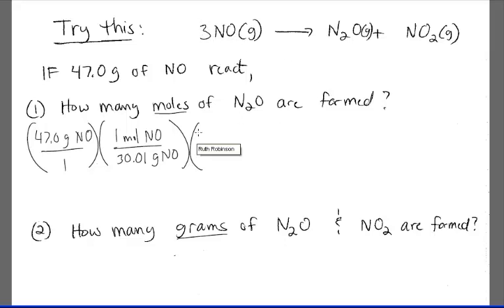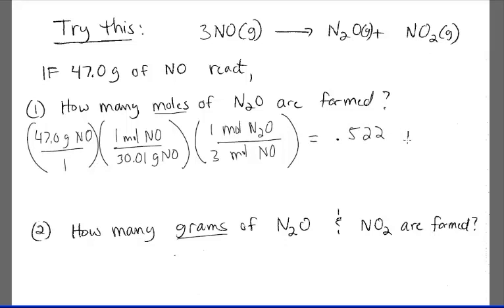All right, so now we can do our next term, which is converting using the mole ratio, 1 mole of N2O per 3 moles of NO. And that will give you moles of product, 0.522 moles of N2O, and that's the question.